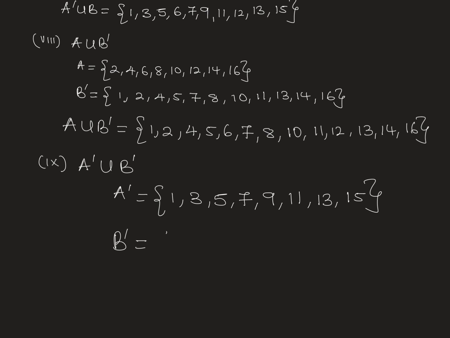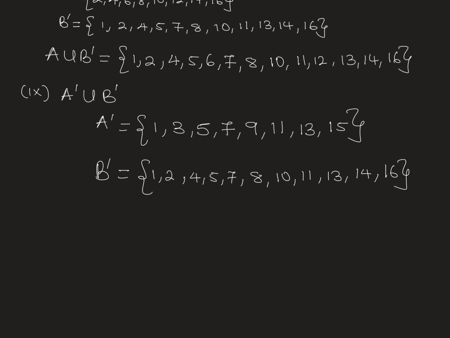That is members that are not found in B. We've already said that B complement is this. So let me just try to write that down. 1, 2, 4, 5, 7, 8, 10, 11, 13, 14, and 16.